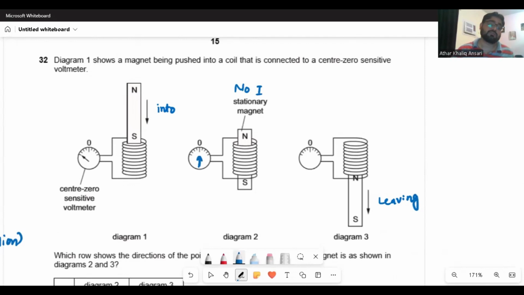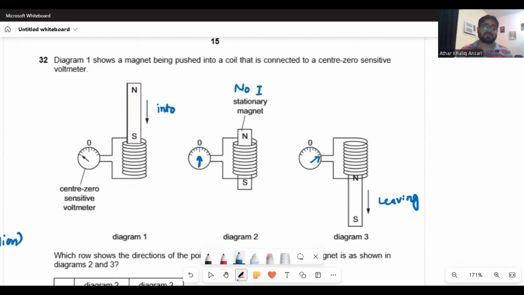So if in the beginning it was an anti-clockwise rotation, when it leaves, it will be a clockwise rotation of the current. When the bar magnet is getting in, if the current is produced clockwise, when it is getting out, it will produce anti-clockwise rotation of the current.